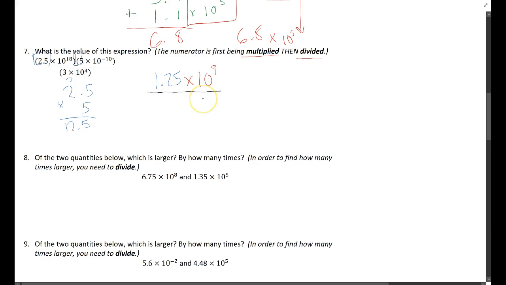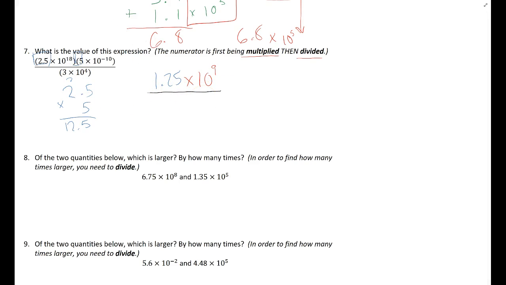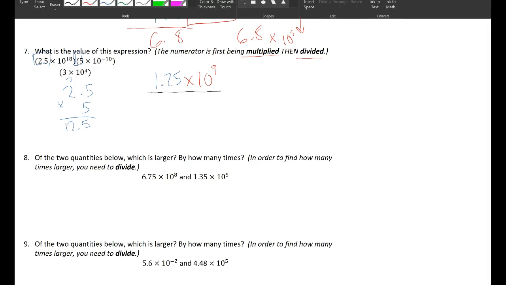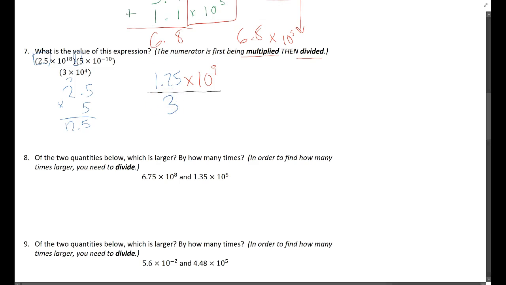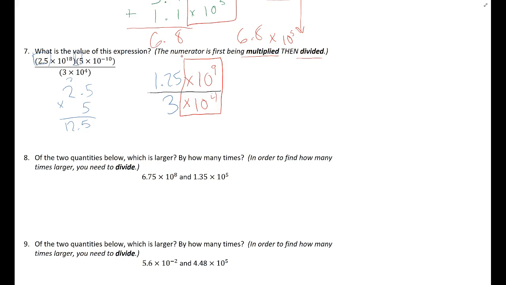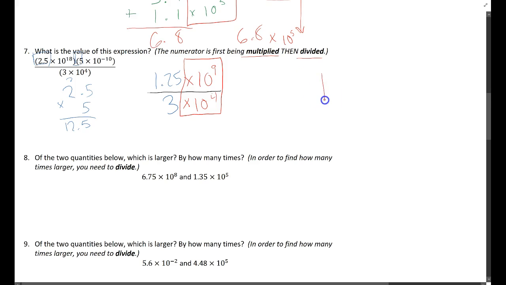All of that over 3 times 10 to the 4. Now, whenever you see things like this, you deal with each piece individually. 1.25 divided by 3. I'm going to say 3 can't go into 1. 3 goes into 12 4 times.